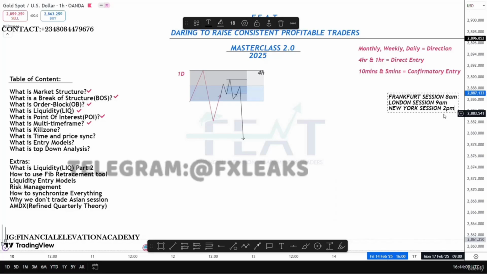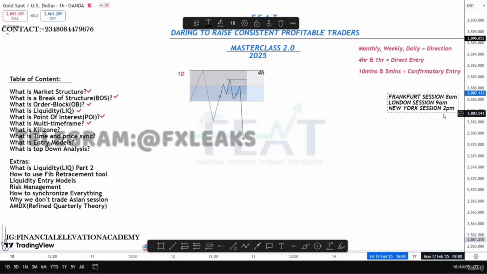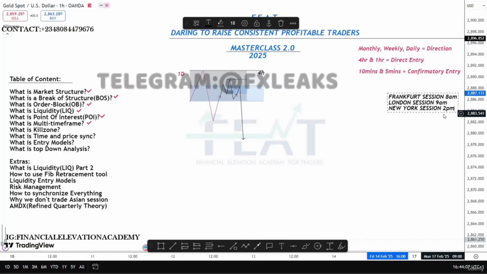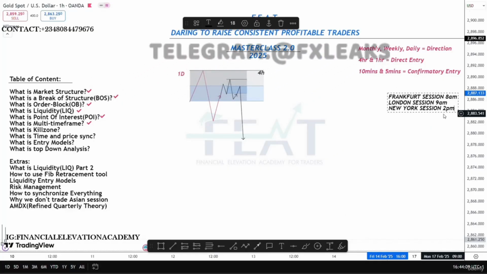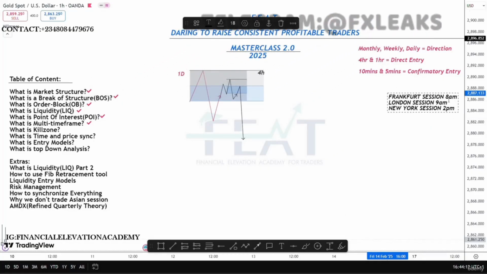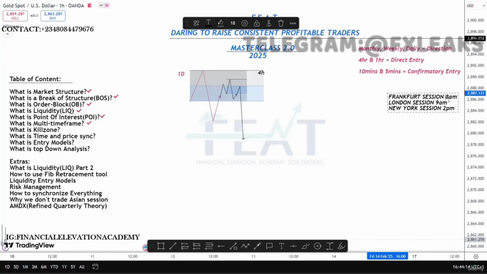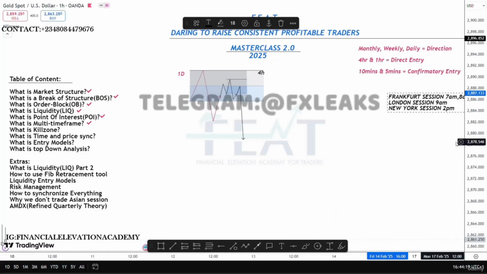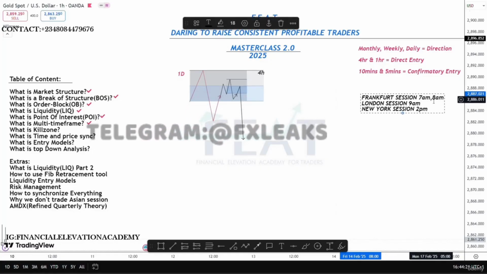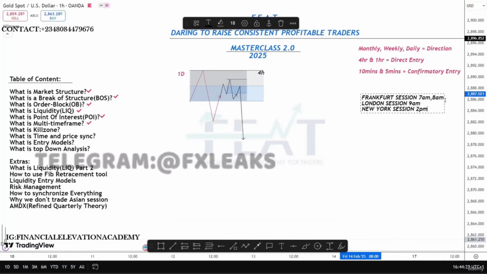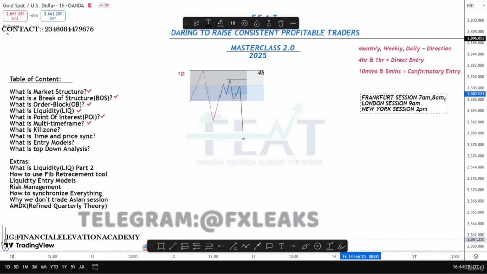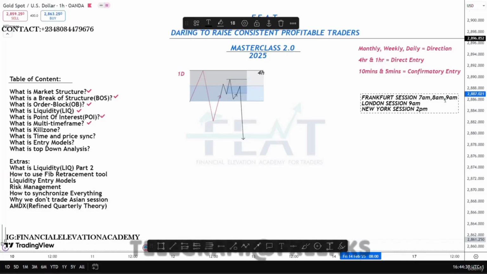Now, if you can understand this, it helps you to narrow the timing at which you want to get into the chart. From just randomly taking setups, now you know that high probability setups come in from 7 a.m., 8 a.m., and 9 a.m. That is for Frankfurt, which is Europe.